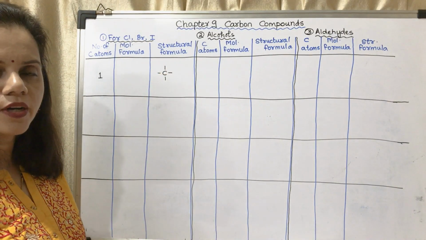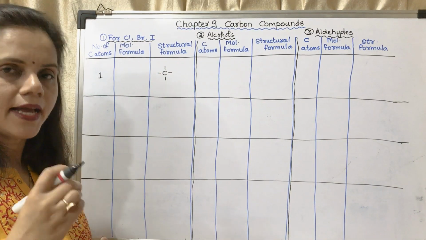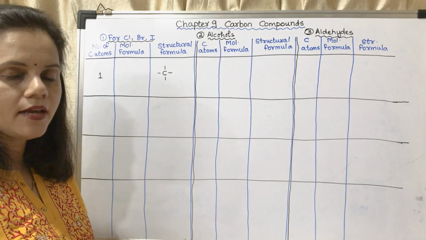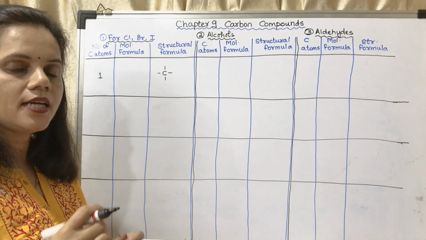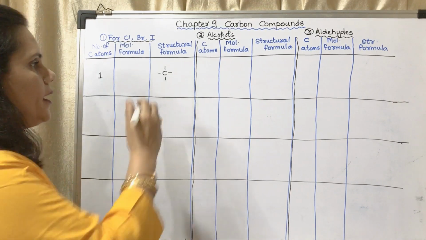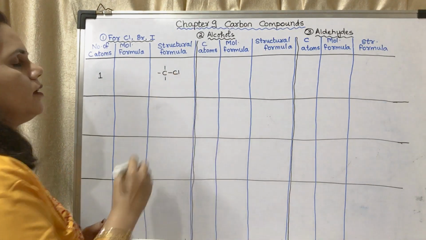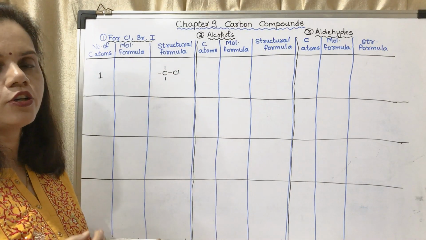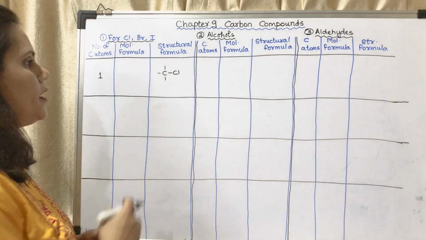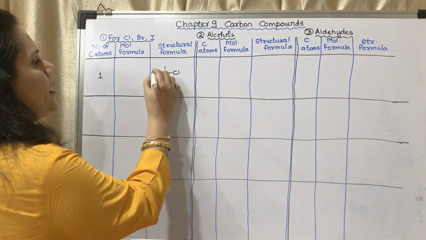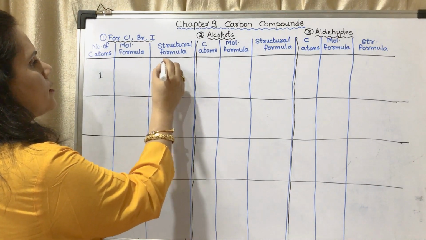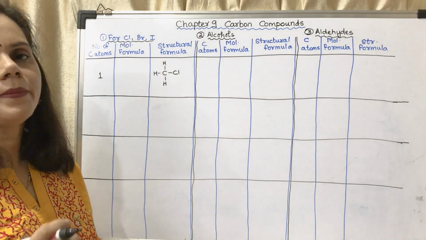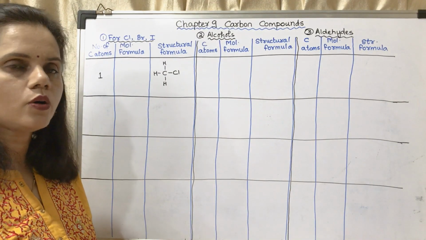It is having H on all sides, but one H is substituted by an element chlorine. It could be bromine also, it could be iodine also. All others will be H. This is chloromethane.